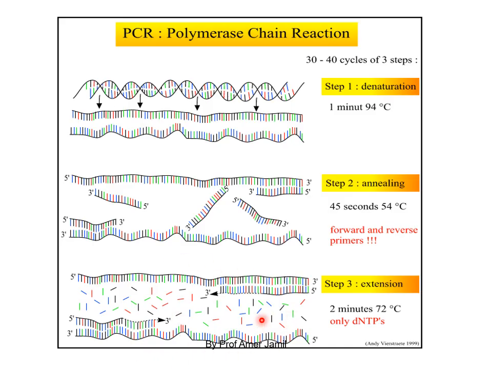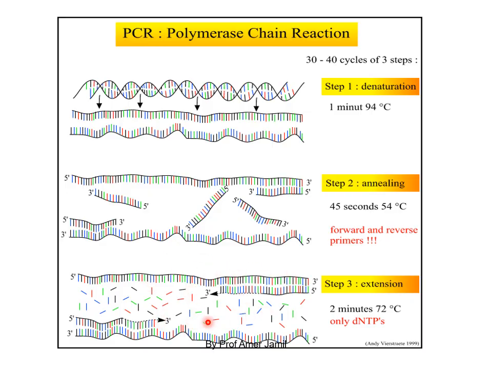And you know from replication that DNA polymerases cannot initiate a new chain. They can extend already made chains only. That's why a primer is needed in DNA replication in the cells naturally. You can have my lecture on DNA replication for further details, but these are the primers which are required that have to bind to this DNA.